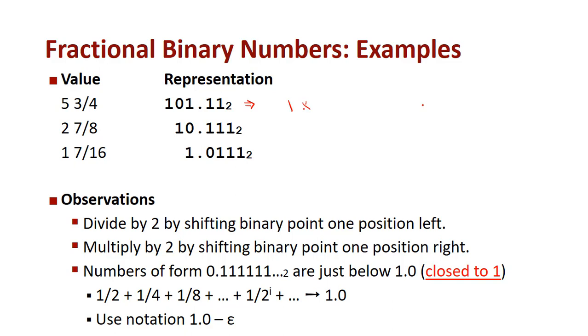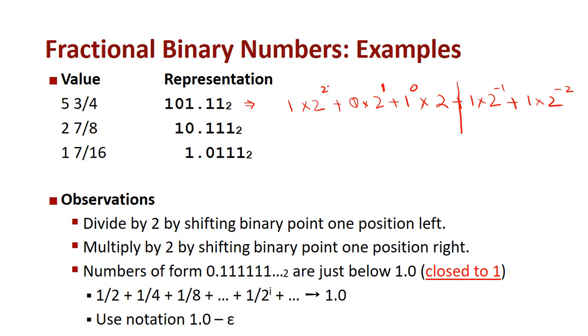So this is 1 multiplied by 2, plus 0 multiplied by 2, plus 1 multiplied by 2. Then after the dot, 1 multiplied by 2 plus 1 multiplied by 2. Now let's put the powers. This was the position of the dot, so it will be -1, -2, and here it will be 0, 1, and 2.